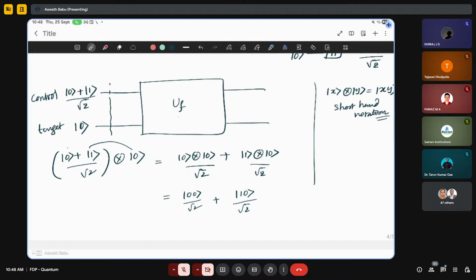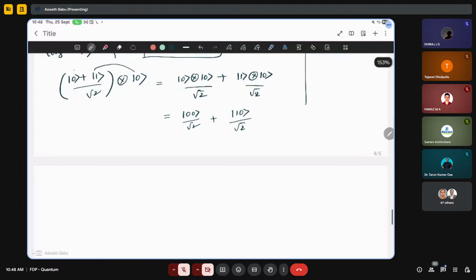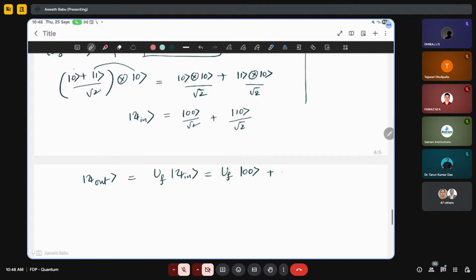But I have a unitary functional gate just like a C naught gate. It adds the functional form to the control. So I have my input state like this. Now I want to know what is the output state, which is unitary acting on the input: unitary acting on 0 0 plus unitary acting on 1 0, divided by square root of 2.